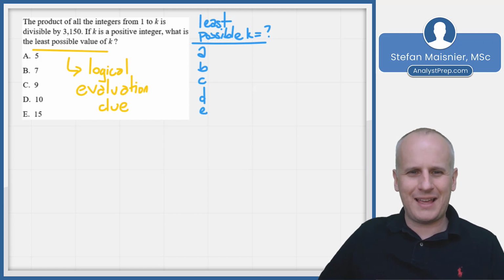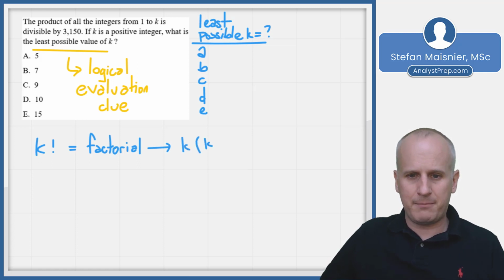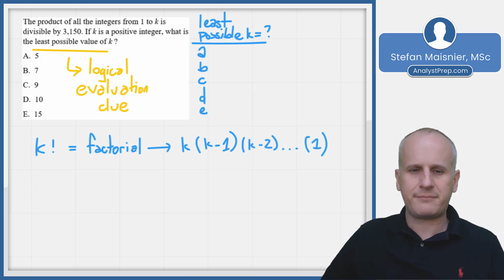Okay, so that basically means k with a little exclamation point, which is a factorial. And we'll talk about this in another lesson in a little bit more detail. But factorial just means k times k minus 1 times k minus 2 all the way down to 1. And we're looking for the least possible value of k.